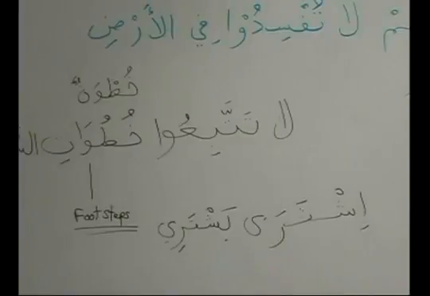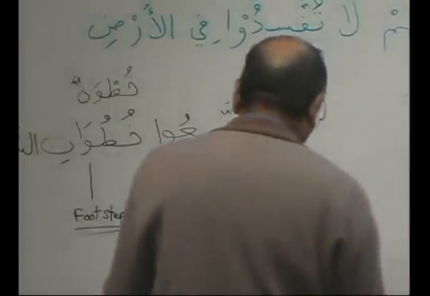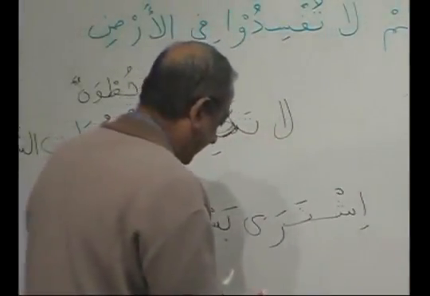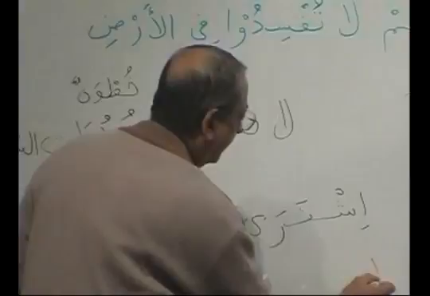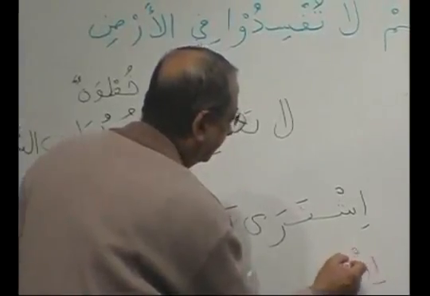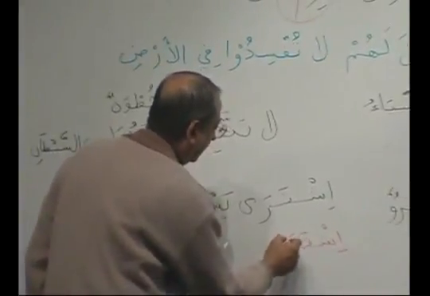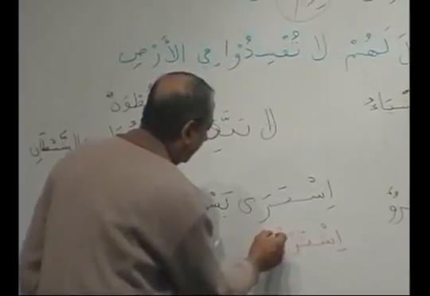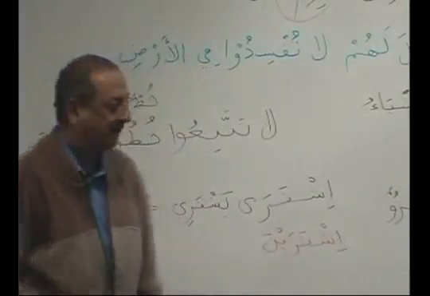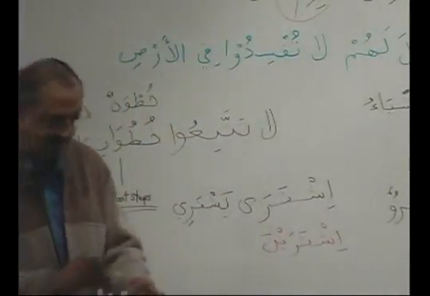Ishtara, if you put nunu niswa there, what will happen? Ishtarayna. Are you with me? As soon as you put nunu niswa there, it will become ishtarayna. And then we can conjugate. Now, yashtari, brothers and sisters, is your mudari.